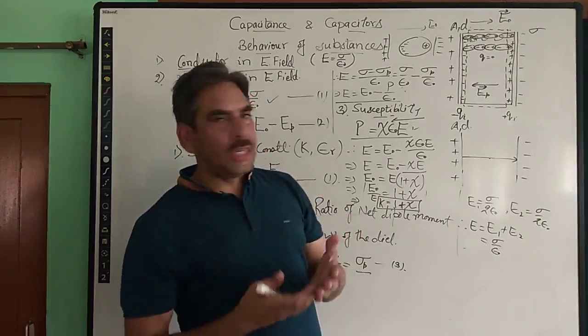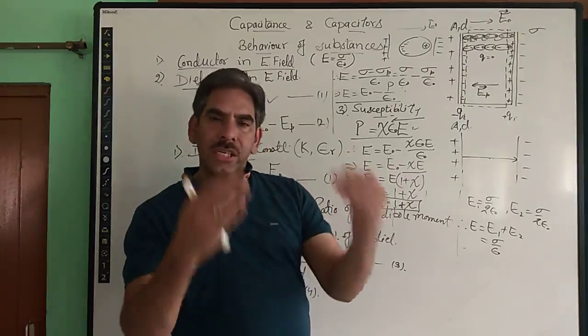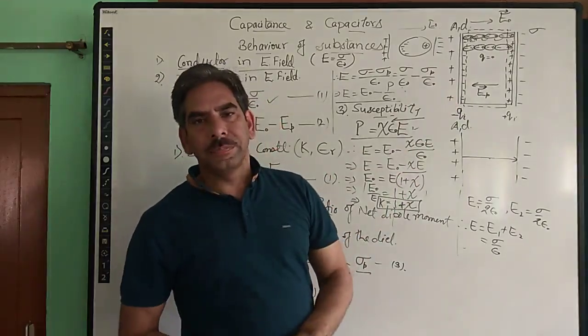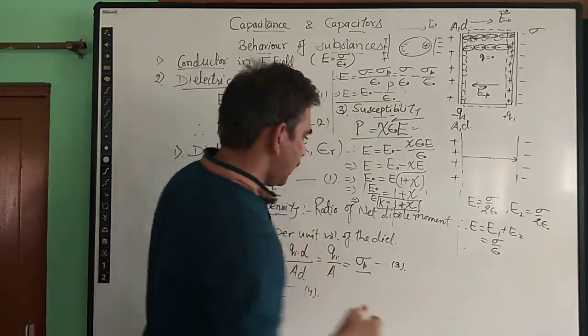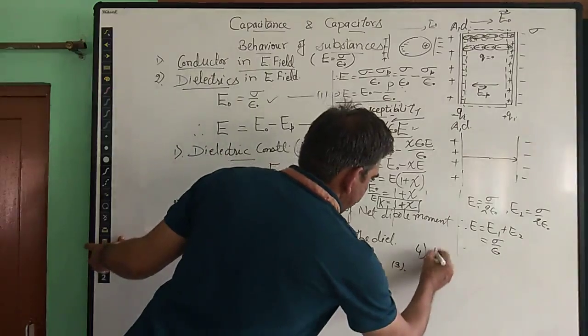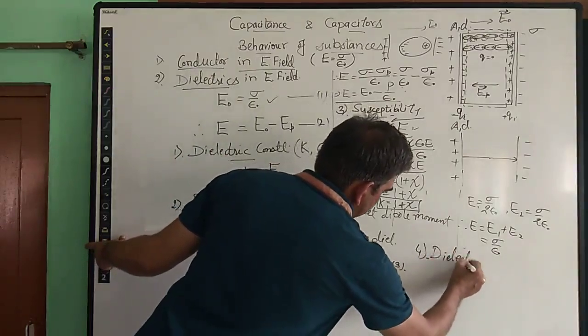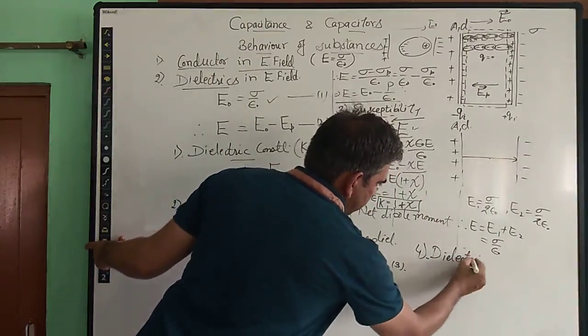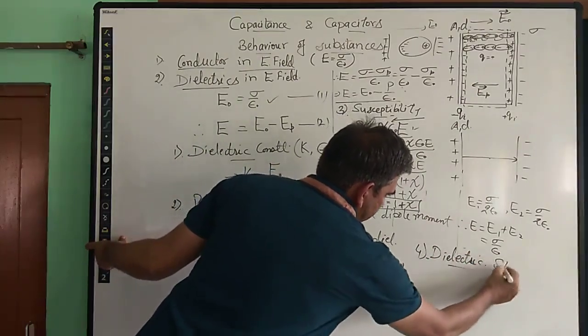So that maximum value at which this breakdown takes place is called the dielectric strength of that dielectric substance. So this is another term: the dielectric strength.